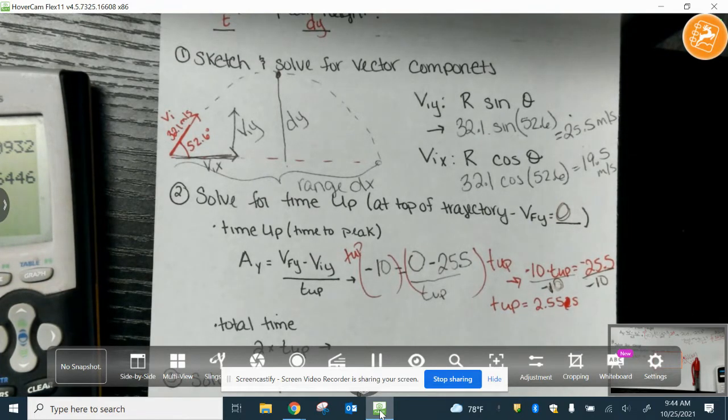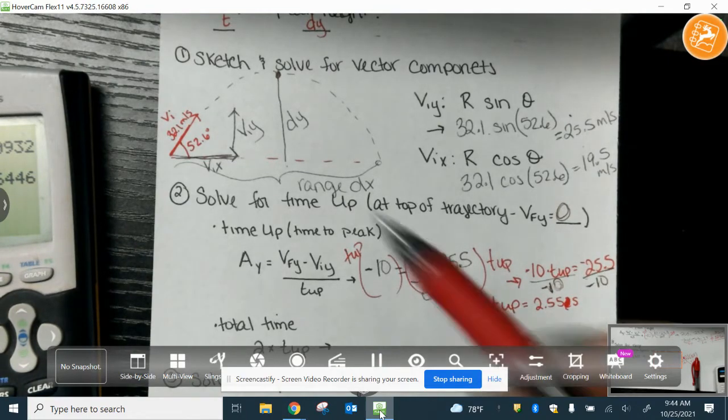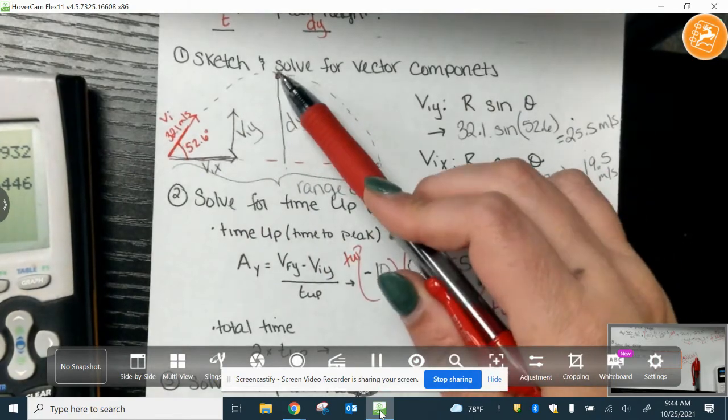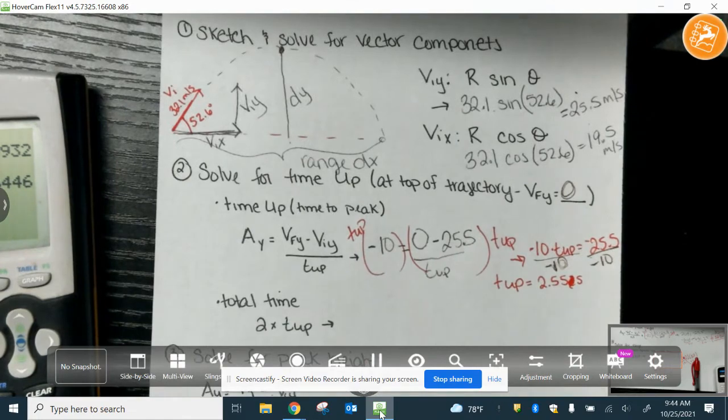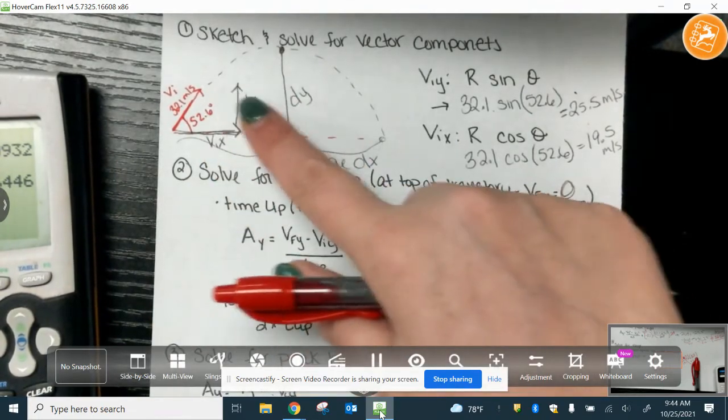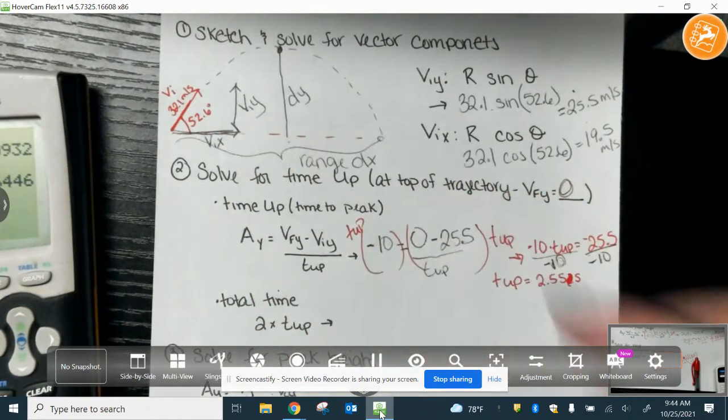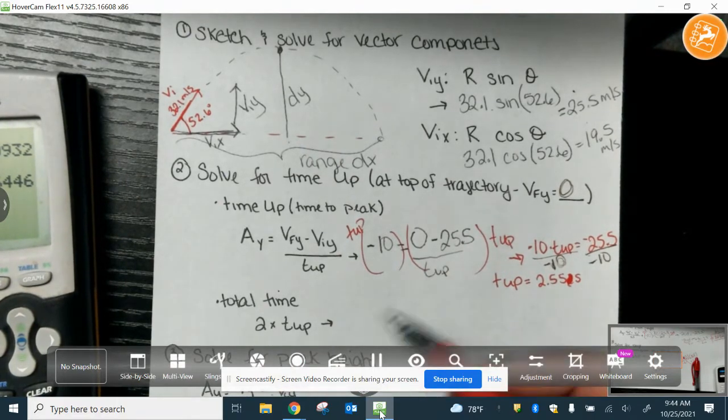Everyone with me so far? Okay. Now, my time up stops right here. To find my total time, I need to multiply because this amount of time right here is going to equal this amount of time. So to find my total time, I'm going to do 2 times my time up.